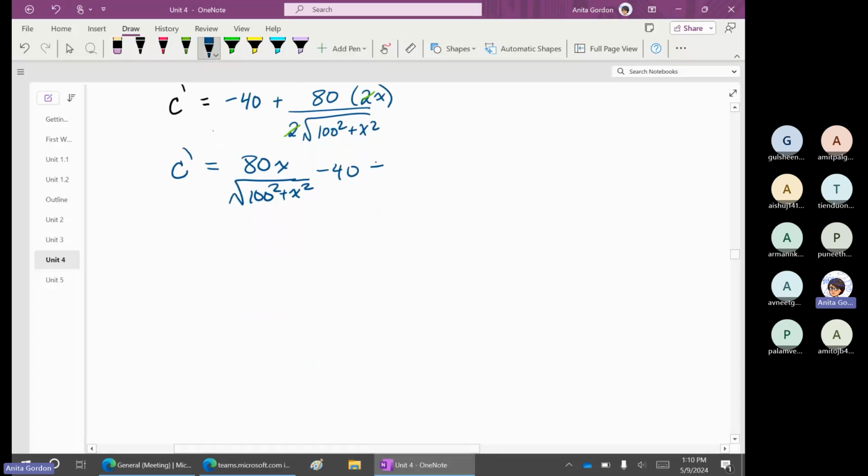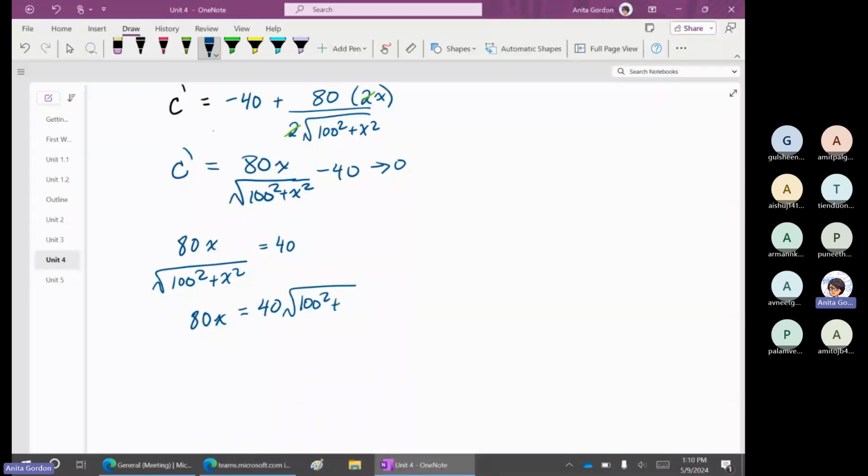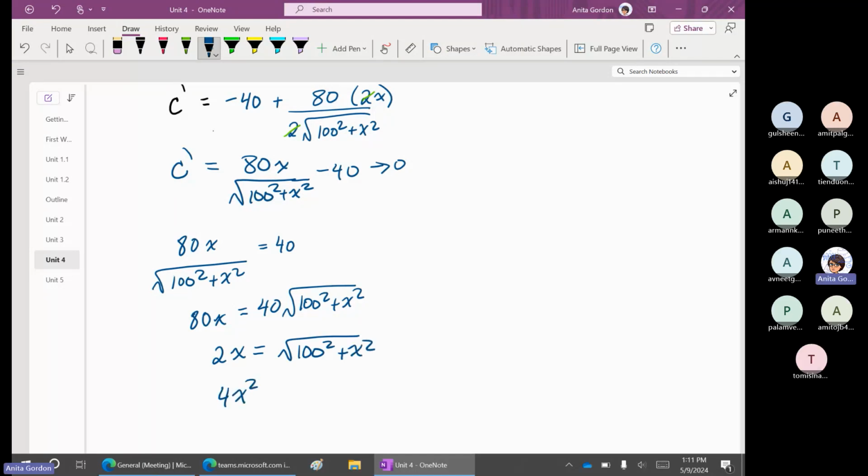We are setting this to 0. So then 80x over root 100 squared plus x squared equals 40. 80x equals 40 root 100 squared plus x squared. 2x equals the square root of 100 squared plus x squared. 4x squared equals 100 squared plus x squared.